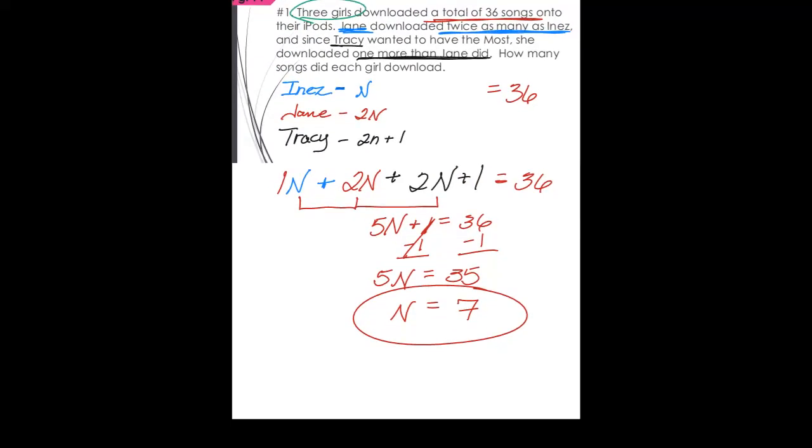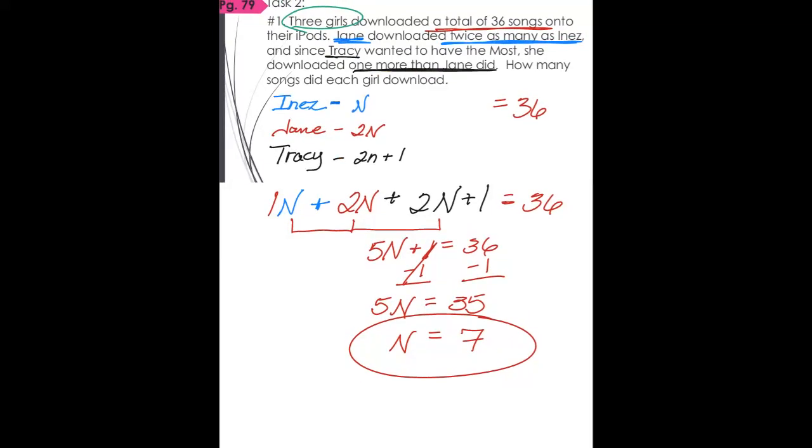How many songs did each girl download? Inez was equal to n, so she downloaded 7. Jane is equal to 2n, so that would be 2 times 7, which is 14. And Tracy is 1 more than that. You could say 14 plus 1 is 15.